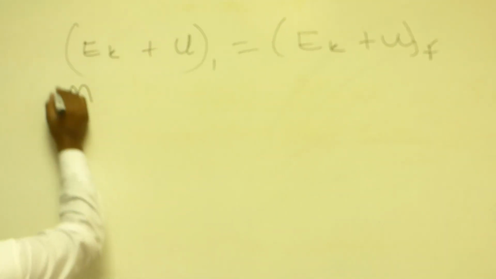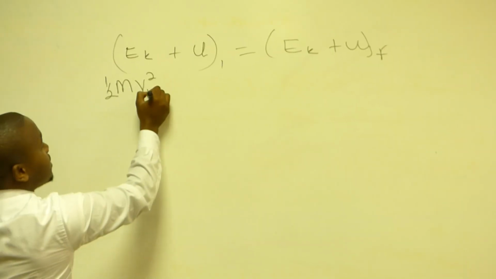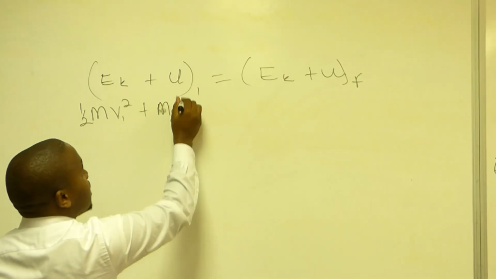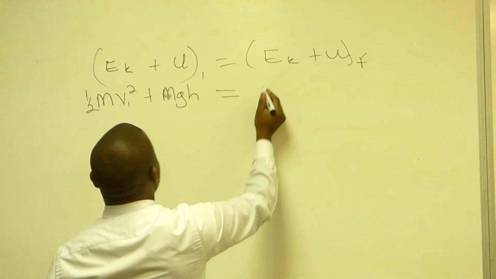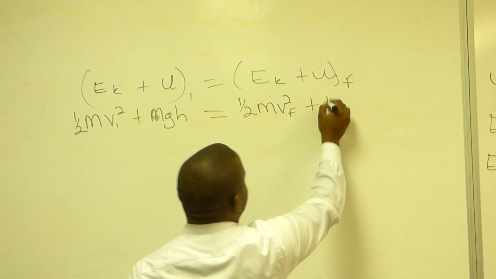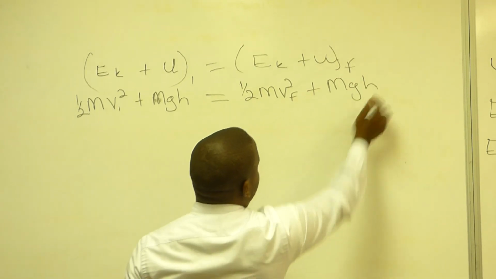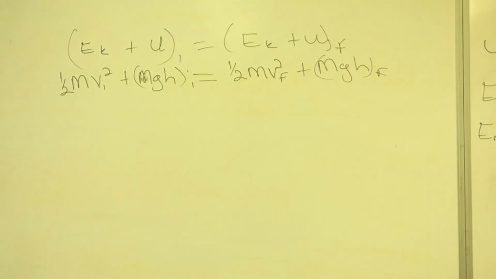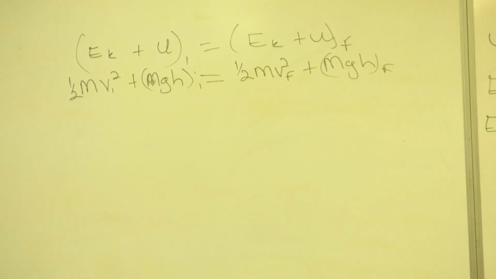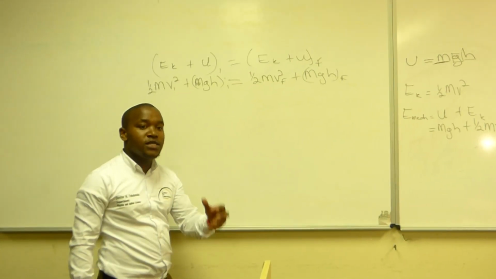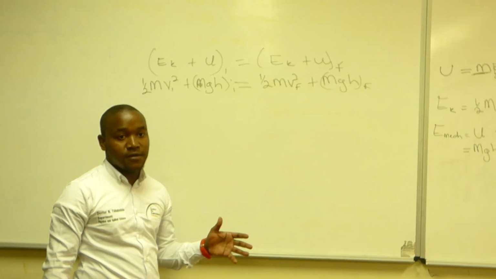Now let me be more precise. I'm saying half mv squared plus mgh initial is equal to half mv squared plus mgh final. That's my claim. Meaning, mechanical energy of a closed system remains constant.